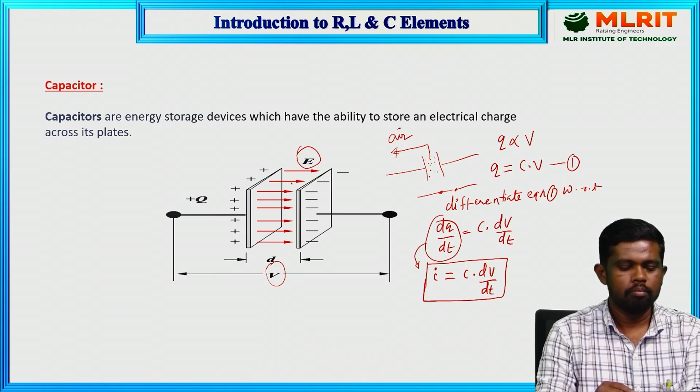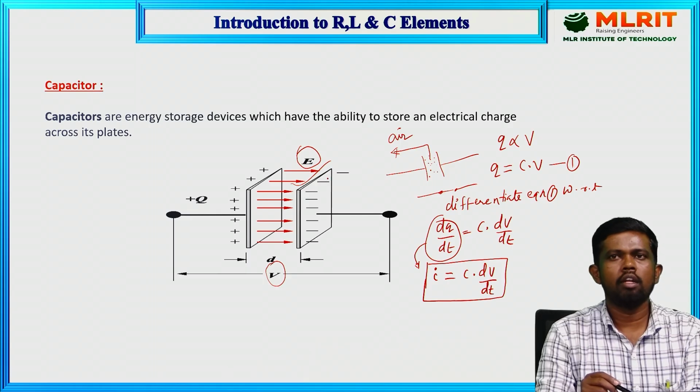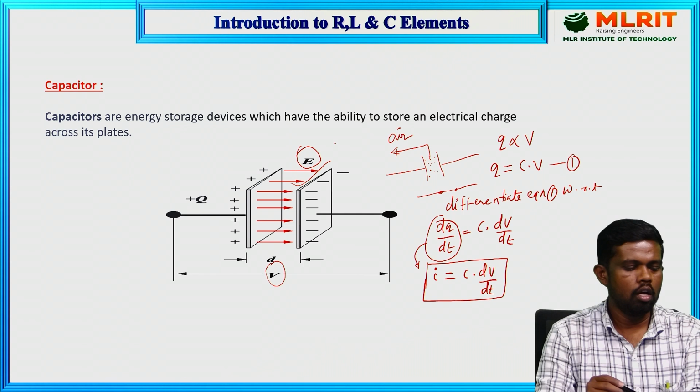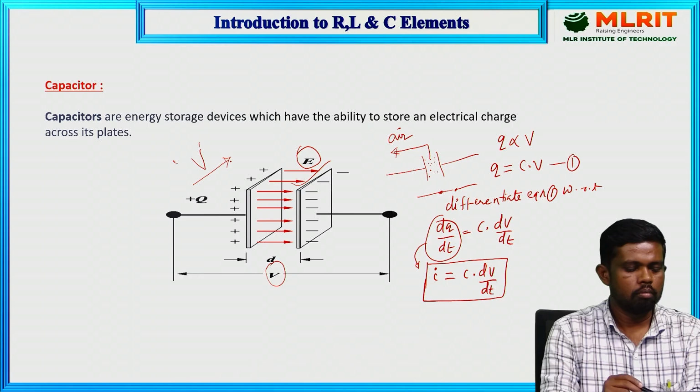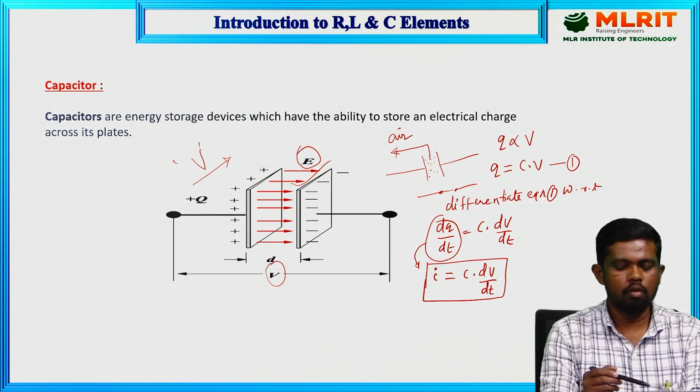The capacitor has the property of capacitance, and it is an energy storage element which can store energy in the form of electrostatic field. It doesn't allow a sudden change in the voltage. If you make a sudden change in the capacitor voltage, it simply behaves like a short circuit path.